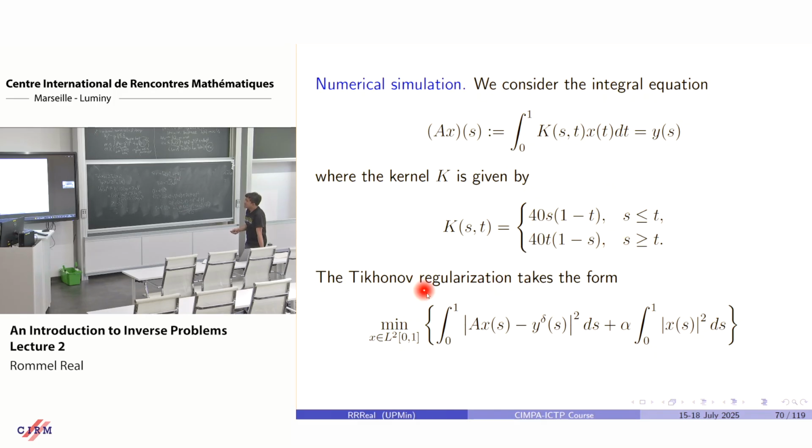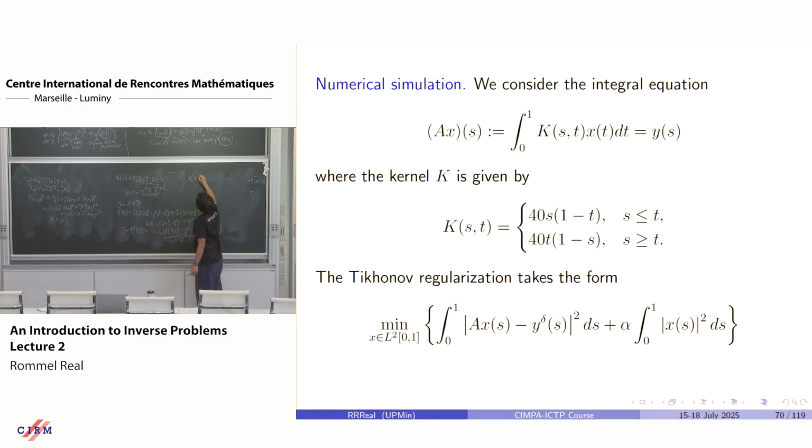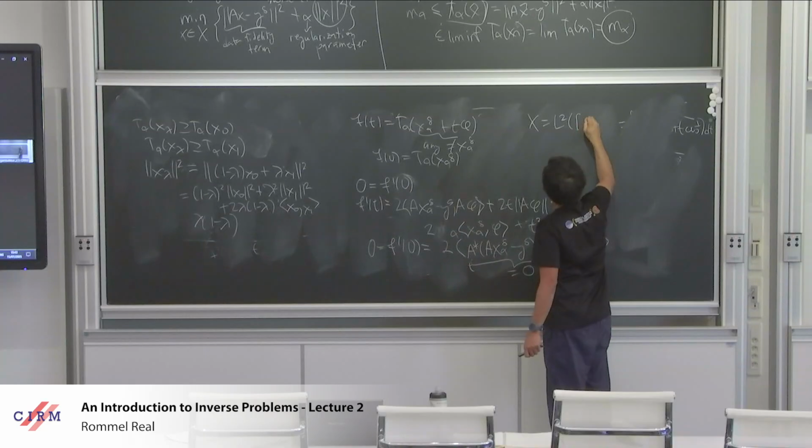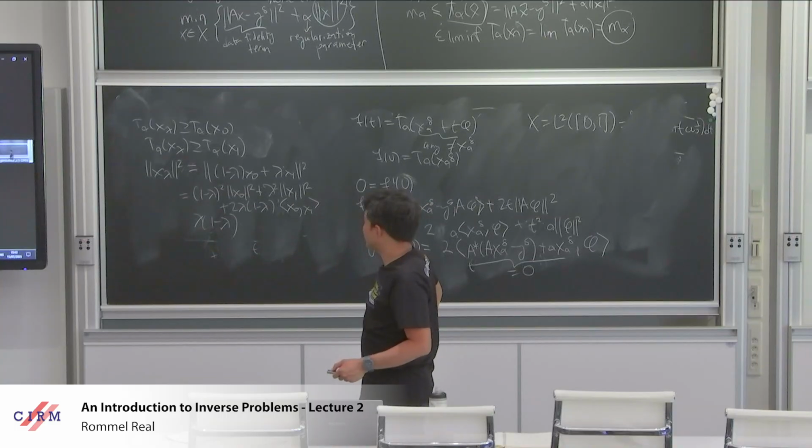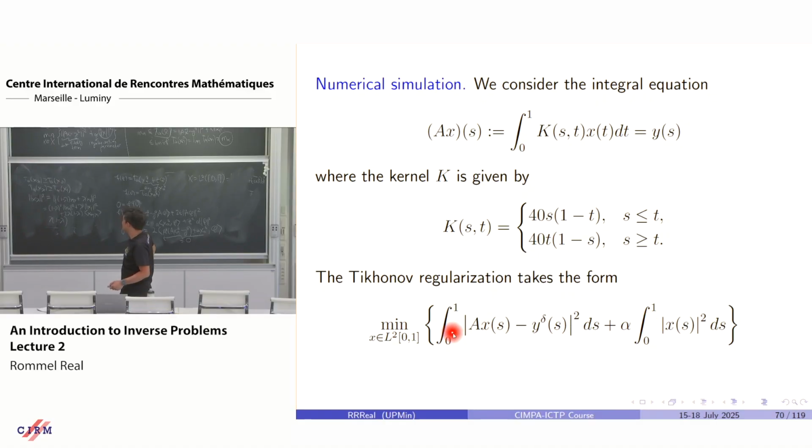Now by taking X simply the L2 space, then the Tikhonov regularization takes the form of this one, where the norms are the norms in the L2 space, okay, and with the regularization parameter there.